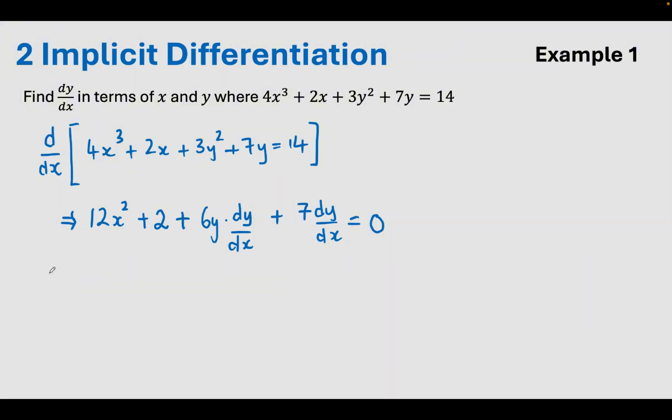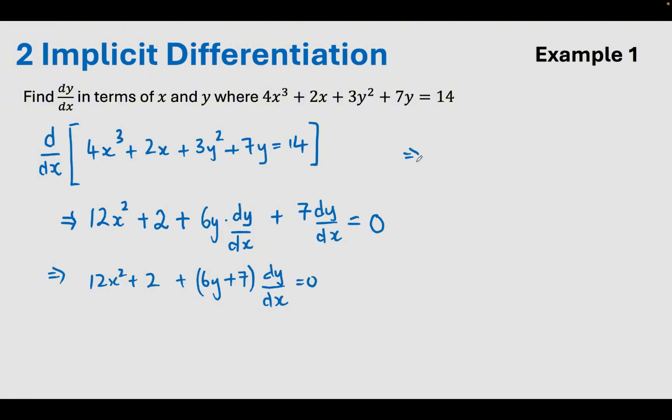Now I like to collect all my dy dx's together. So I'll have 12x squared plus 2 plus 6y plus 7 dy dx equals 0.